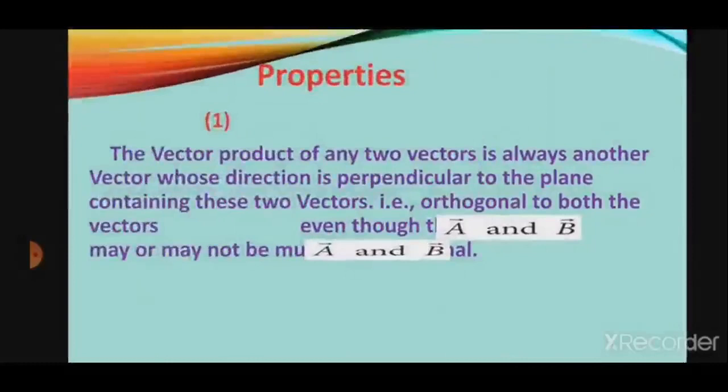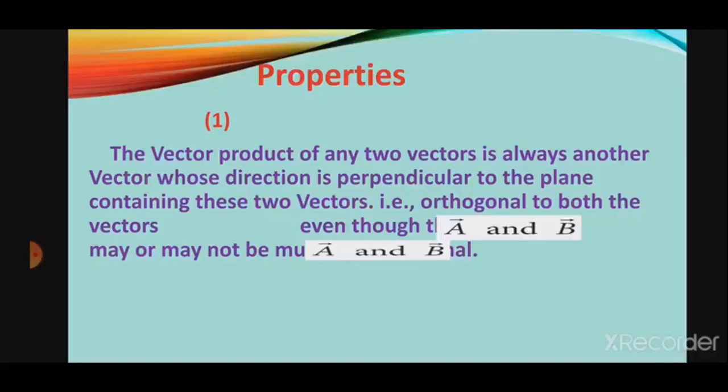This also is a 5 mark question. First property: the vector product of any two vectors, A vector and B vector, or i unit vector and j unit vector, is always another vector whose direction is perpendicular to the plane containing these two vectors.